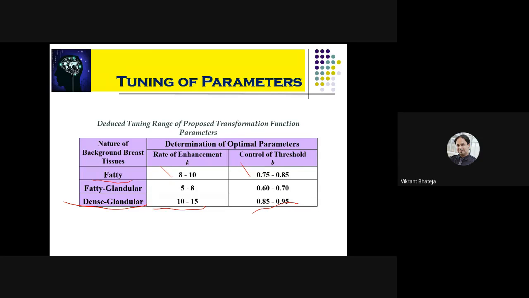So now with this, we are going to apply our transformation function on different images. When the fatty images are being processed, you are applying the transformation function with certain values of K and B. With the other category of images, the dense images, you have the same transformation function, but different optimal values of K and B. So now what we have done is manually tune these parameters to a certain optimal range.